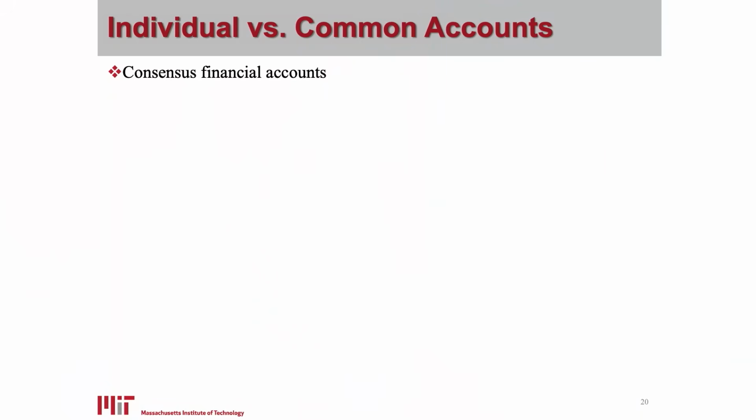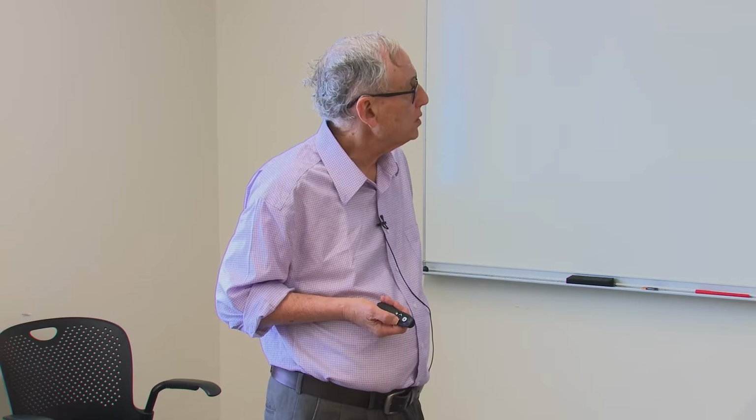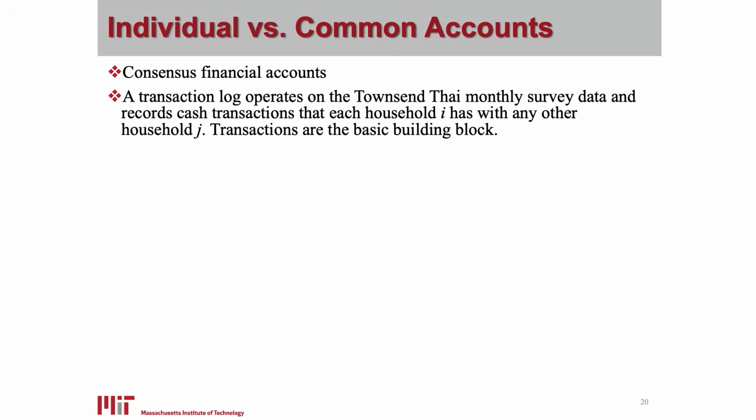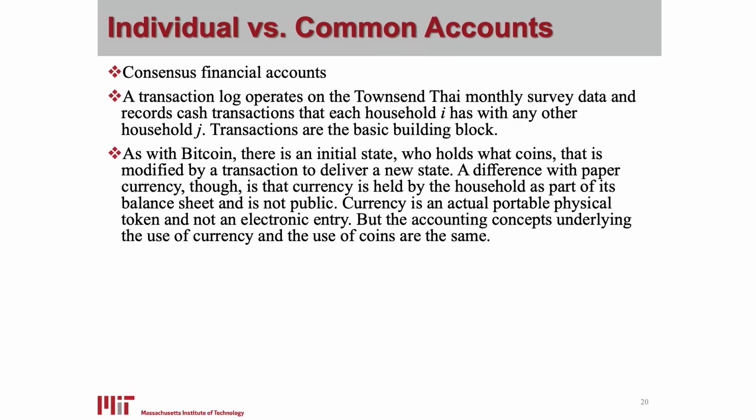Individual versus common accounts. So this is another thing to think about when you think about blockchain and so on. Call it consensus financial accounts. Back to the Thai villages, where we, the enumerators, were recording cash transactions and other transactions in the previous month, say of I with J. This is similar to Bitcoin.